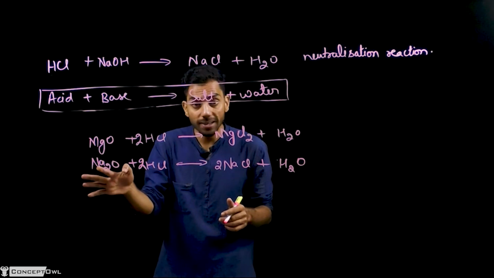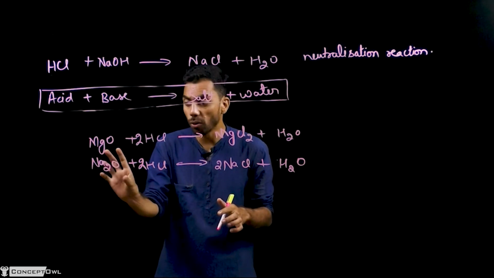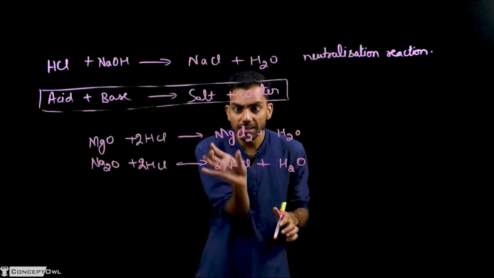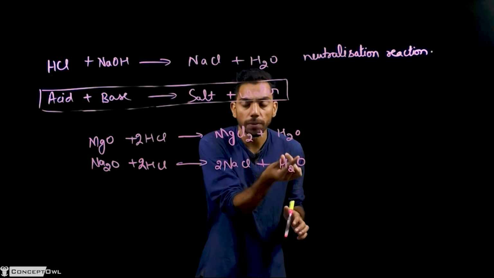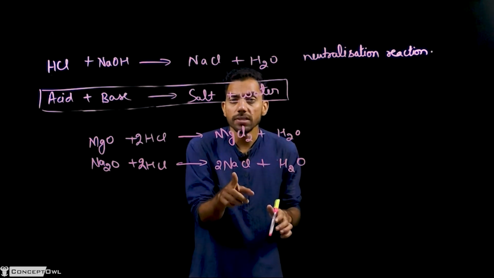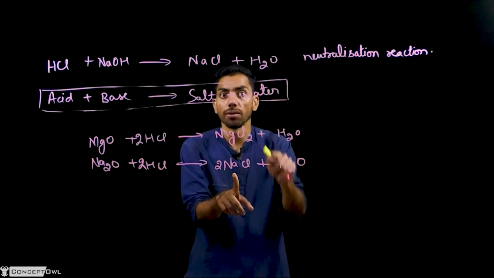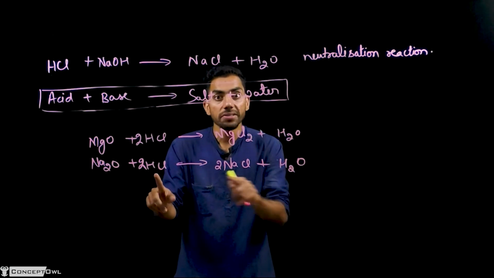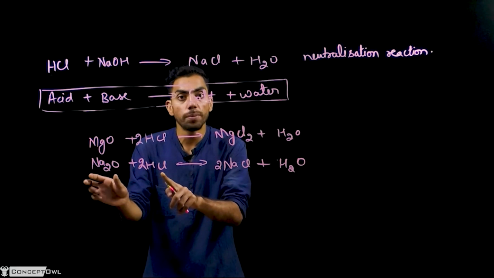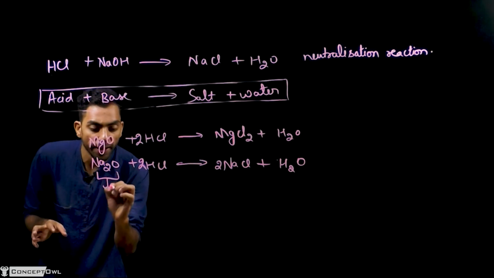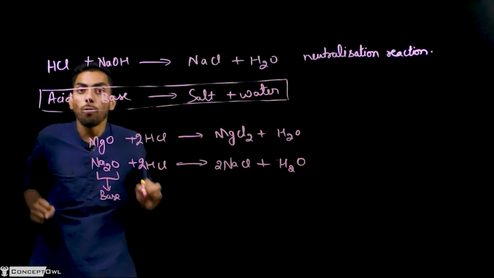This is also metal, sodium is metal, and this is oxygen, metal oxide with acid. What are we getting here? NaCl, MgCl2 plus water. What is this? Water. What is this? This is acid, and this should be base. Why?